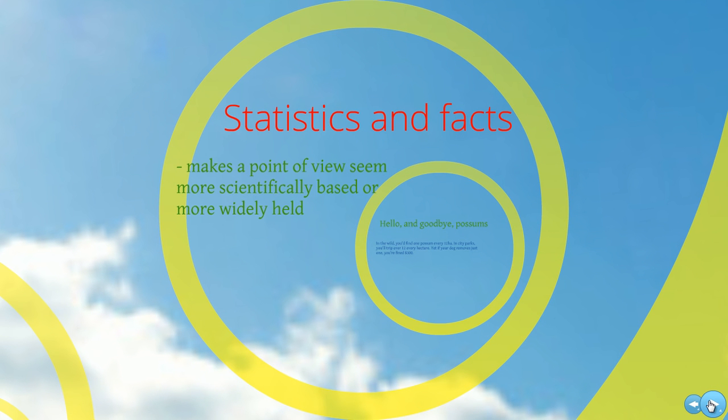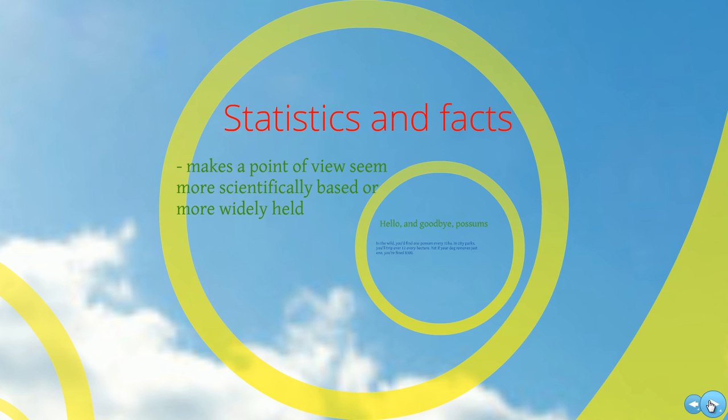Now, statistics and facts often the easiest to spot, particularly statistics. So facts and figures, they make a point of view seem more scientifically based or more widely held. And the more kind of authority you have, obviously you strengthen your opinion.